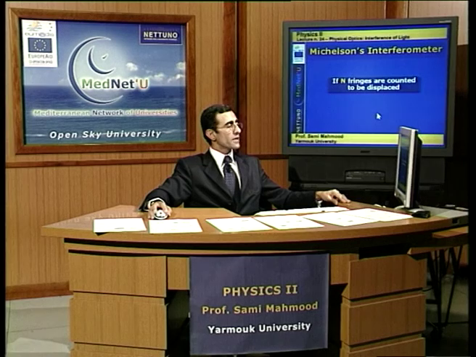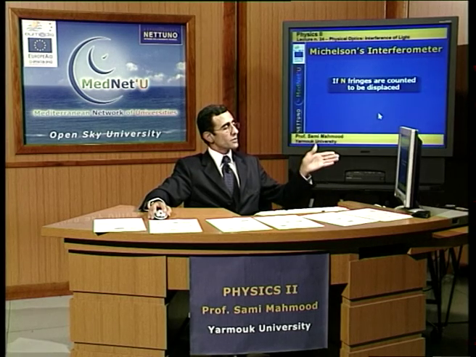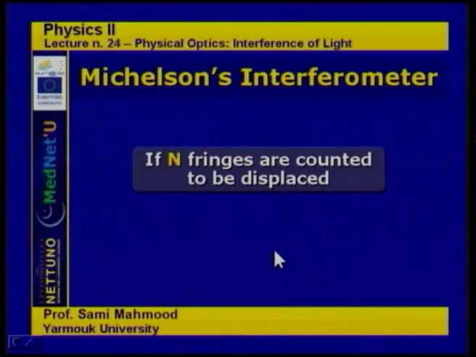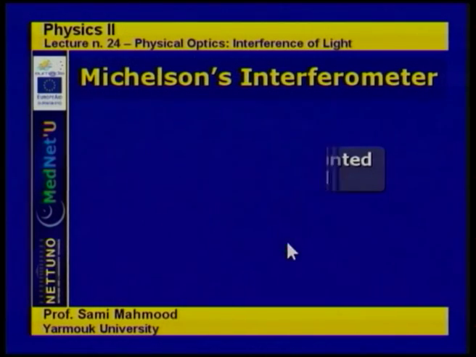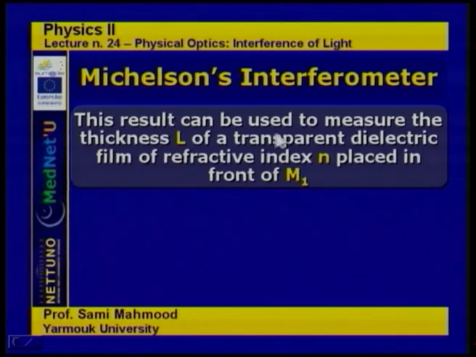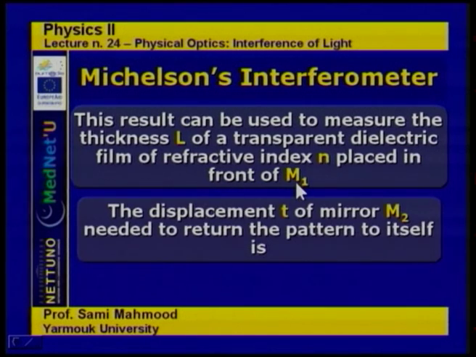Thus, if n fringes are counted moving across a given point, then the distance t is equal to ½nλ, because 2t is equal to nλ. And this result can be used to measure the thickness L of a transparent dielectric film placed in front of M1, and this is given by t equal to (n−1)L.